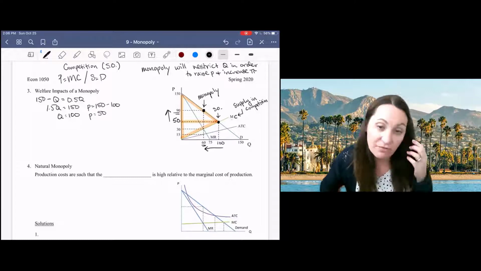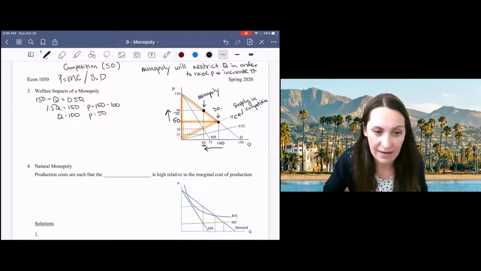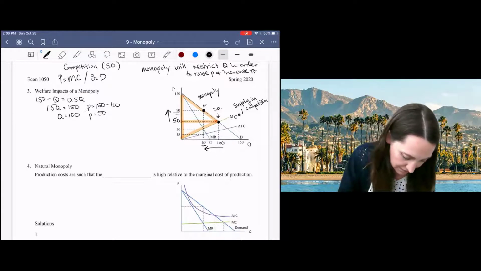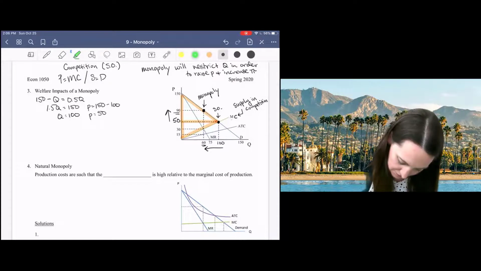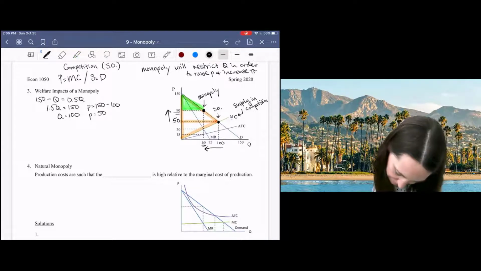All of that is bad for the consumer. They are able to purchase fewer units of the product and they have to pay a higher price. So with the monopoly, our consumer surplus would be equal to the area of this triangle up here.